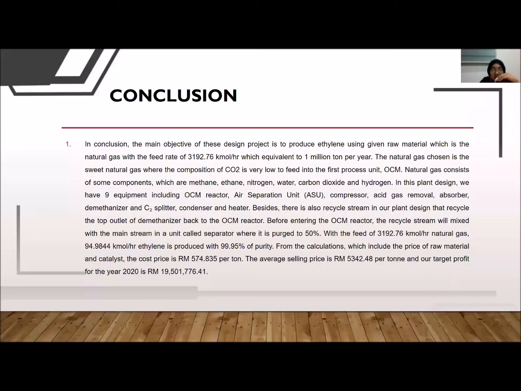Next. The main objective of this design project is to produce ethylene using natural gas with a feed rate of 3,192.76 kmol per hour, which is equivalent to 1 million ton per year.